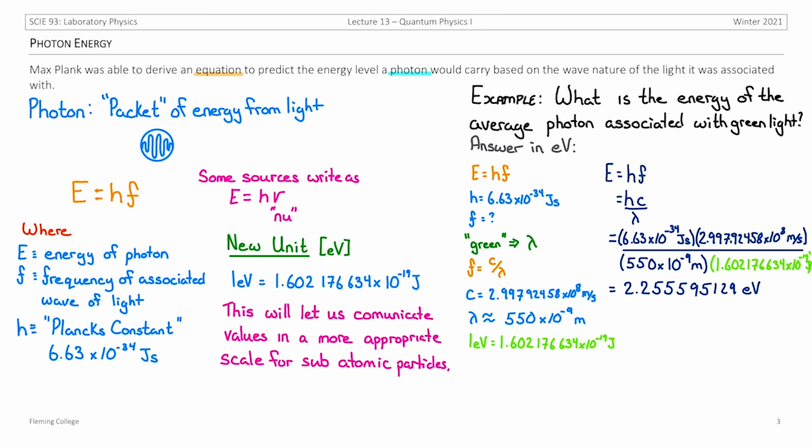And our limiting factor here is the precision of our wavelength of green light. We picked 550, so we'll treat all three digits as significant and we'll answer at approximately 2.26 electron volts. At this scale, when we're talking about energy, we typically assume that all of this energy is contained as kinetic energy of the photon.